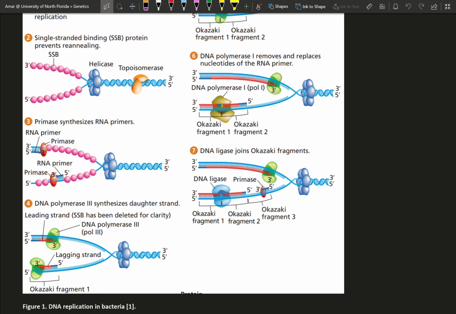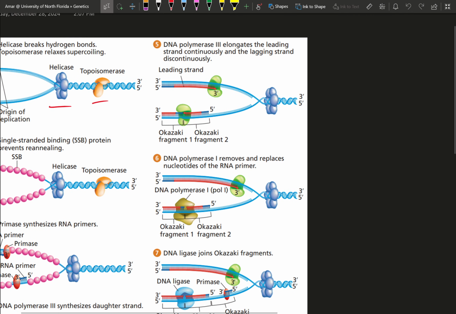The fourth step, which I already mentioned, is DNA polymerase 3 continues the replication going forward in 2 different ways, in a leading strand and a lagging strand, which we're going to talk about a little bit later. So during this process, the leading strand is basically going to be synthesized continuously, and it won't stop.